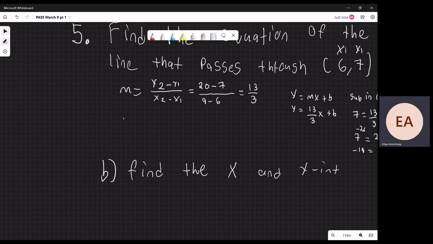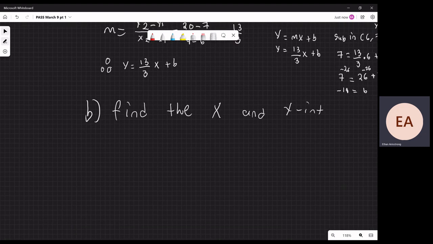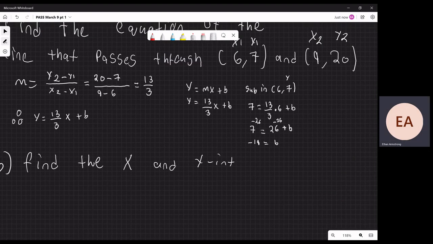All right, so that's our equation, and therefore y equals 13 over 3 x minus 19.